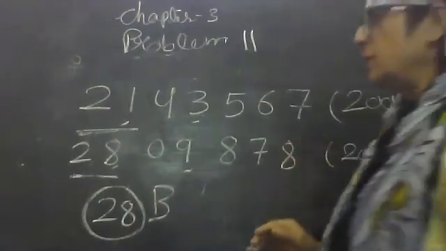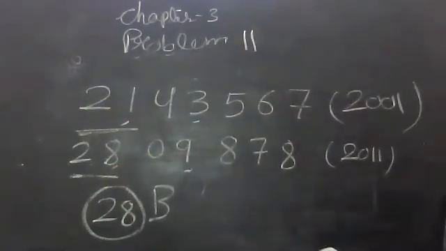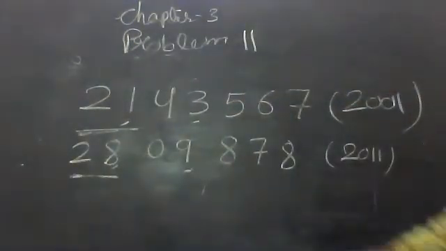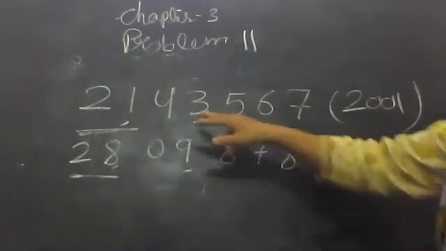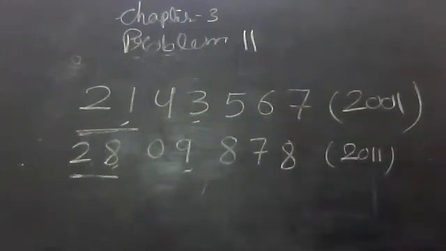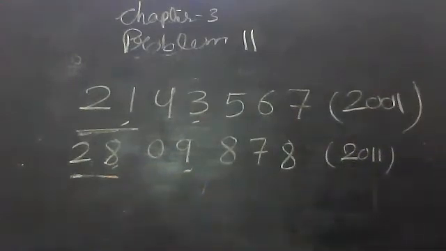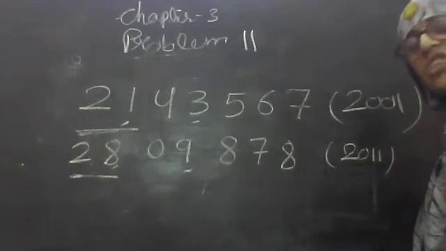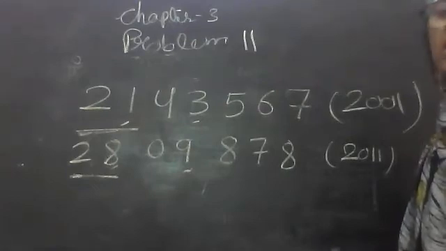Okay, now tell me, if we keep the sum as it is, if we only want to find out how much our city's population increased, it increased, that we understood, because in 2001 it was 21,43,567 and in 2011 it increased up to 28,09,878. Yes, we understood that till the year 2011 our population increased, but now we have to calculate how much the population increased.